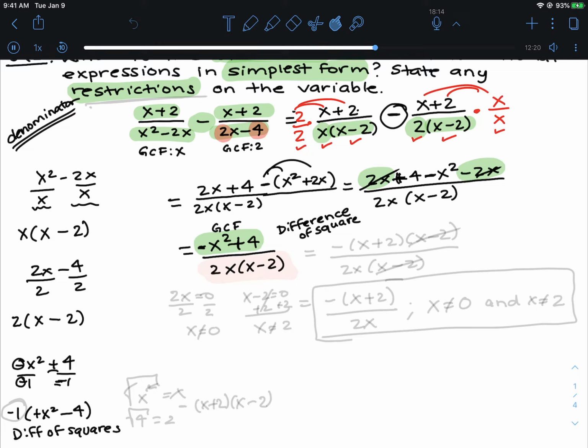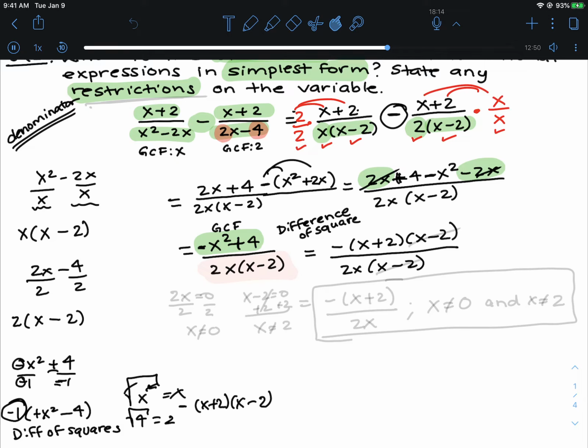Okay, so I'm going to get the x squared and square root it to give me x, and then get the 4 and square root it to give me 2, so that I can get x plus 2, x minus 2. Now, does this negative go away? It does not, so I'm just going to put it on the outside. So I'm going to get negative, parentheses x plus 2, parentheses x minus 2, divided by 2x times x minus 2.